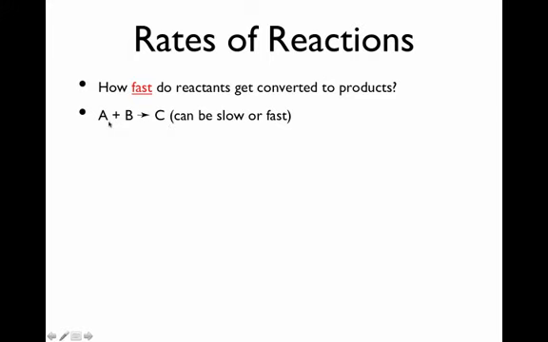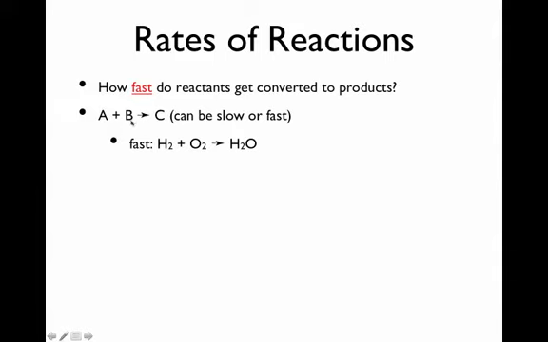Sometimes there are chemical reactions where you can convert the reactants into products almost instantly. And there are other chemical reactions where converting A and B into chemical C can be very slow. So I'll give you a couple of examples.